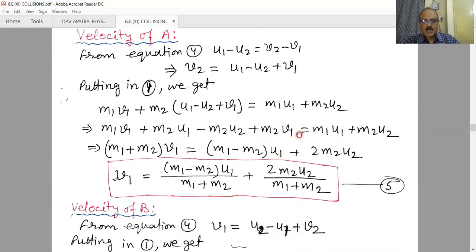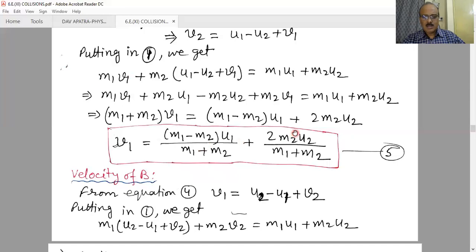Therefore, we are taking v1 as common here. If we take v1 common, we get m1 plus m2 on the left hand side. When the other terms move to the right hand side, plus becomes minus and minus becomes plus, so from m2 u1 and m1 u1 we get m1 minus m2 into u1, and then m2 u2 twice, that is 2 m2 u2.